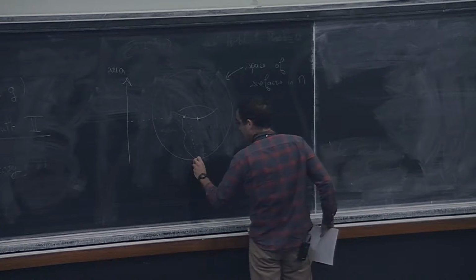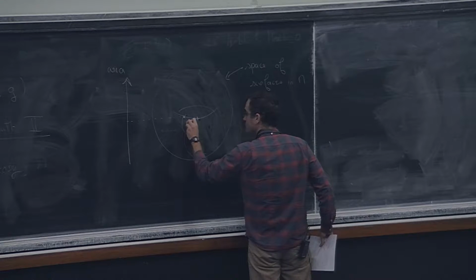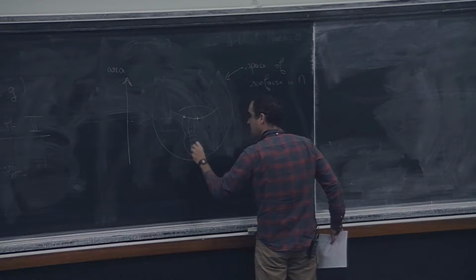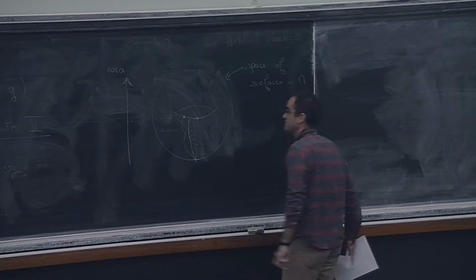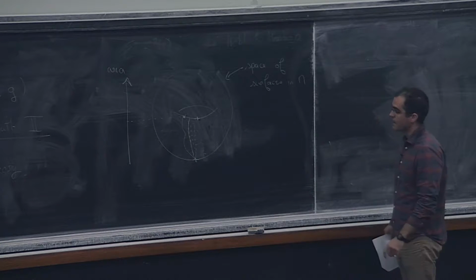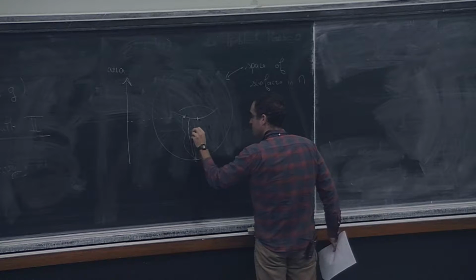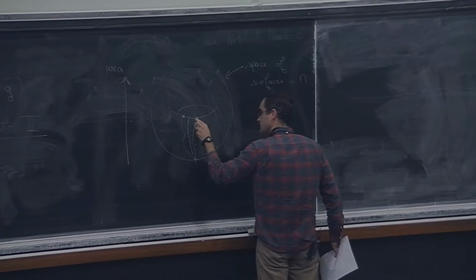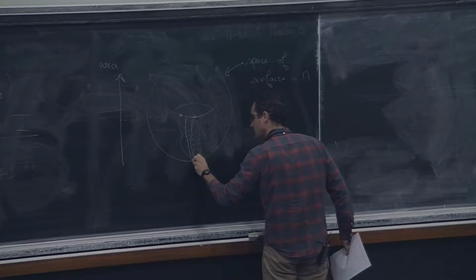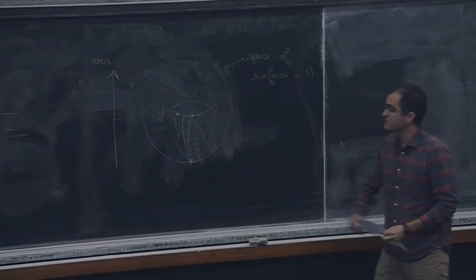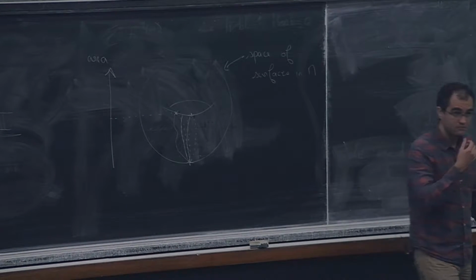So the idea is that when you do this, you construct some other path inside your space of all the surfaces in M, and at the end, maybe by chance, you will reach precisely that point, and you get some critical point for the area functional.